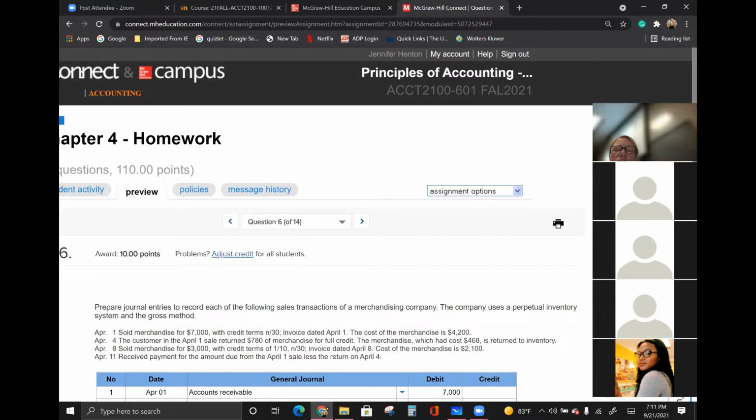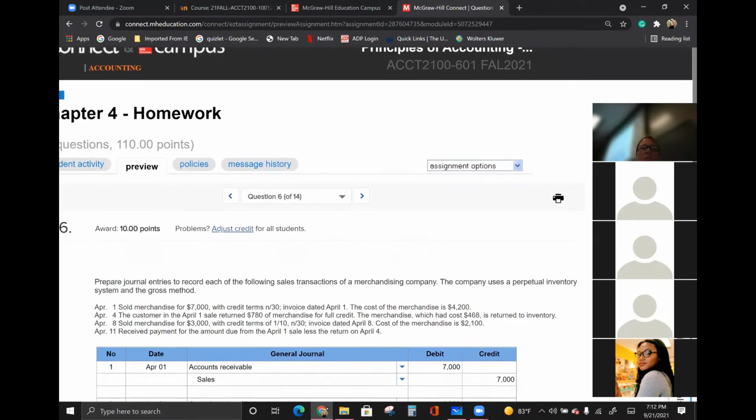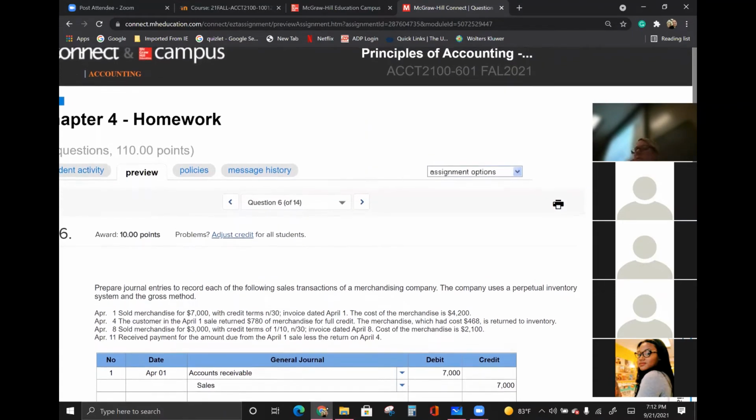We're not looking at the cost yet. We will eventually have to credit our inventory. But for right now, we're trying to record what? Sales? Yeah, sales. Okay. So we're recording our sales, our revenue for the full amount that we sold it for. So debit accounts receivable, credit sales, $7,000.